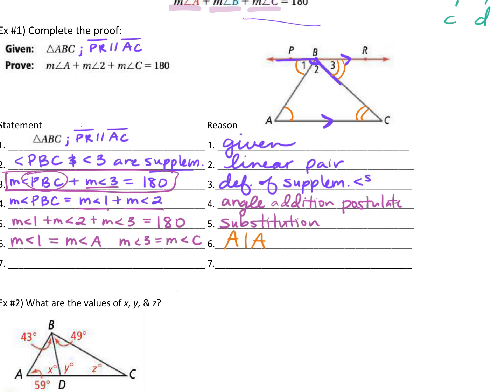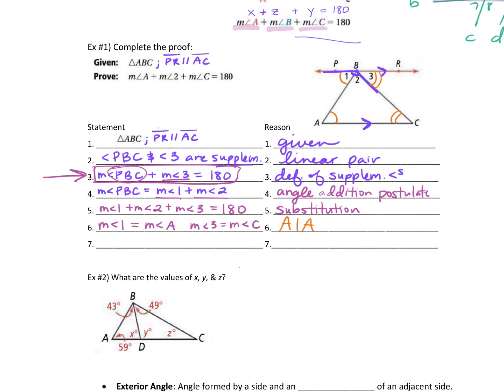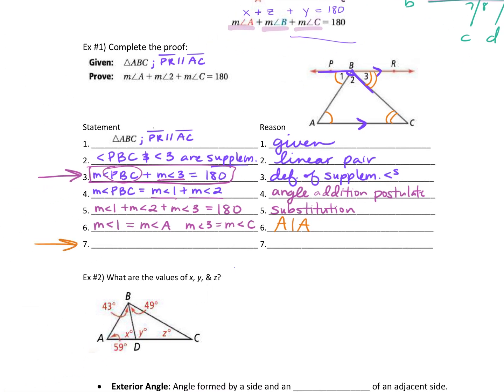Okay. Now, I should have showed you this at the beginning, but what is always the last step of your proof? Whatever you're trying to prove. So I'm just going to circle that, bring it down here. Why am I able to say now that the measure of A plus the measure of 2 plus the measure of C is 180?